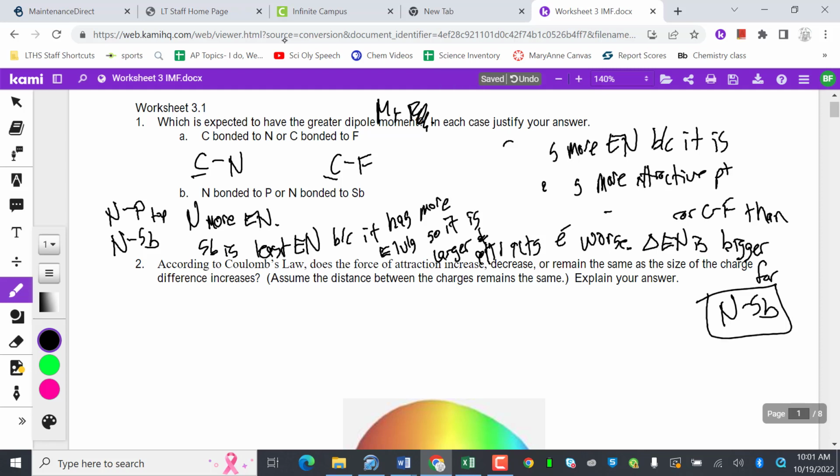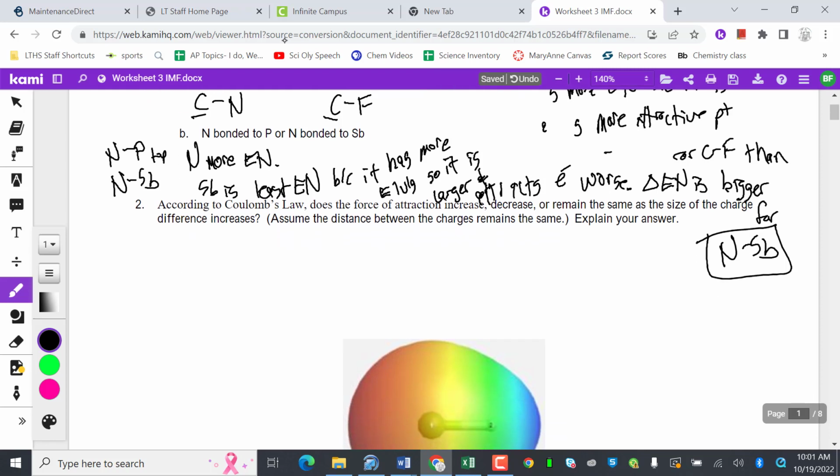According to Coulomb's law, does the force of attraction increase, decrease, or remain the same as the size of the charge difference increases? Coulomb's law is bond energy equals, ignoring constants, Q1 Q2 over radius squared.